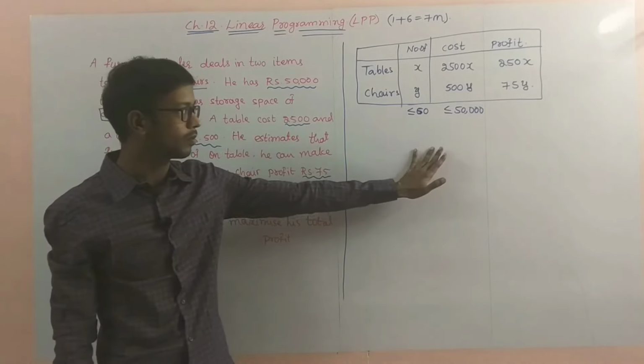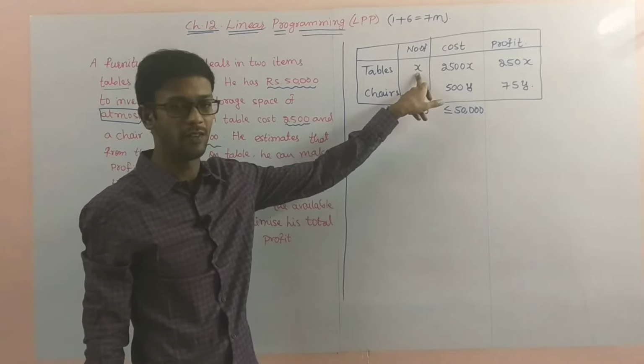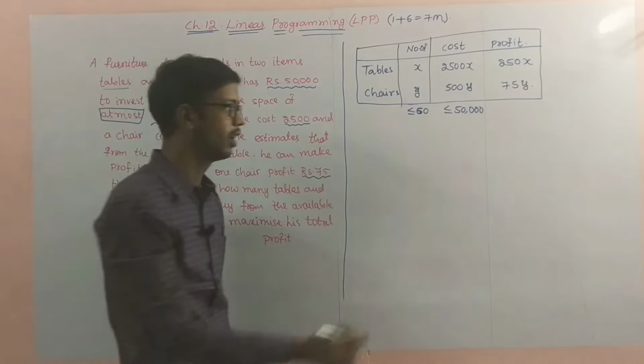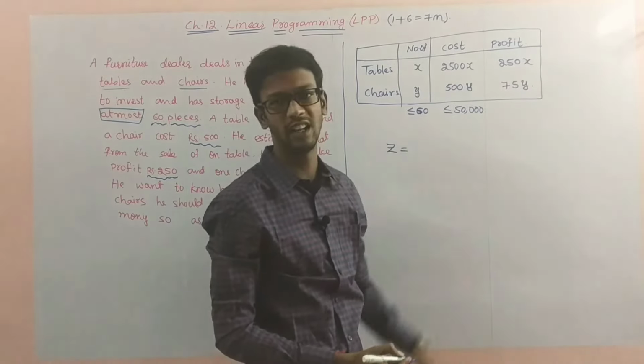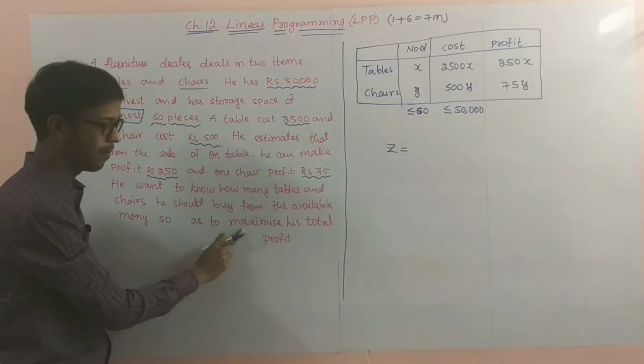So now here X and Y are there. X is the number of tables, and Y is the number of chairs. Now we write the profit as Z. What is being asked here? Maximize profit.